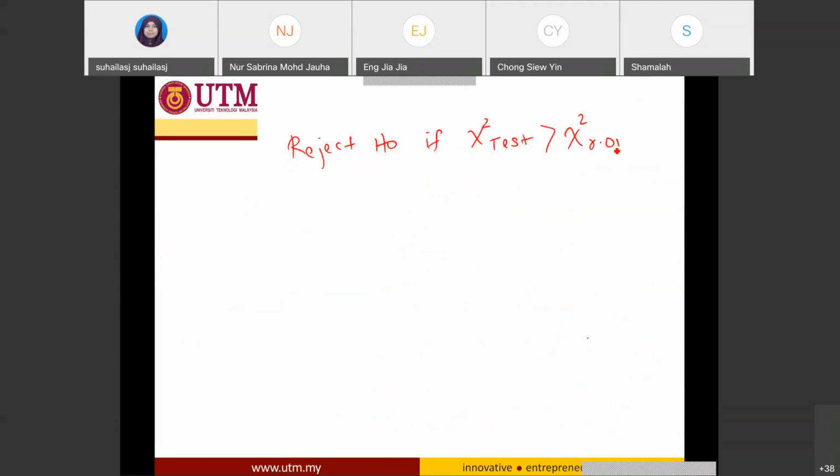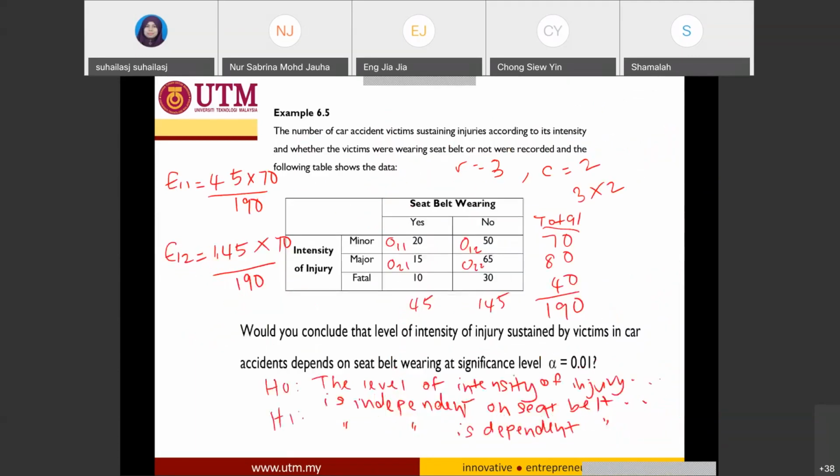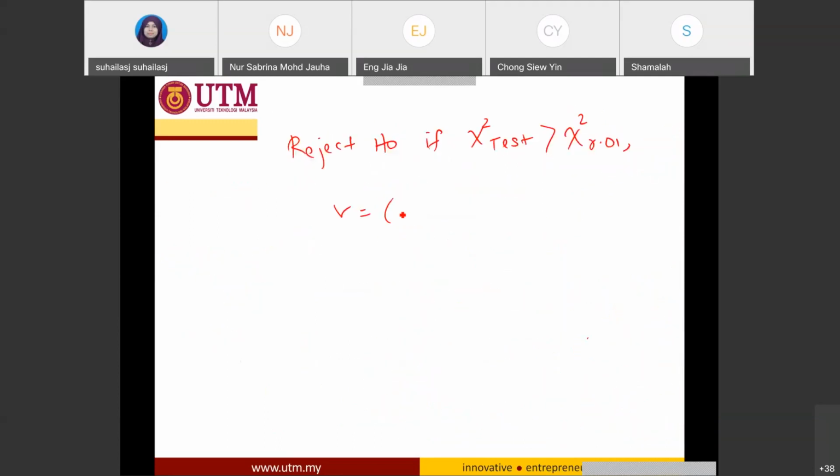Again, degree of freedom is R minus 1 times C minus 1. Your R is 3, your C is 2. R is for your row. You have 3 rows, 2 columns. So in this case, 2. Find from your stats table chi-square alpha 0.01, degree of freedom 2. Double check.